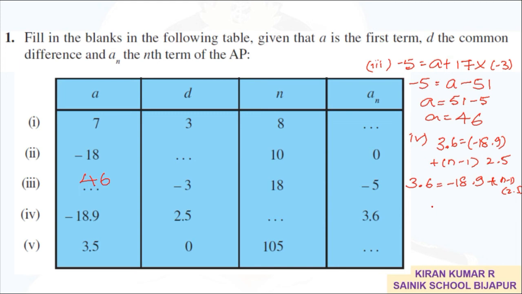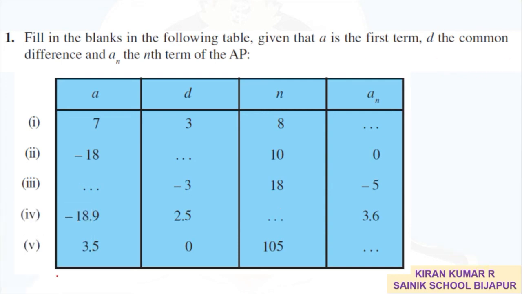It becomes 21 plus 1.5, which is 22.5 divided by 2.5 equal to n minus 1. So it becomes 9. 9 equals n minus 1. So n will be 10. So the n value is 10 here.